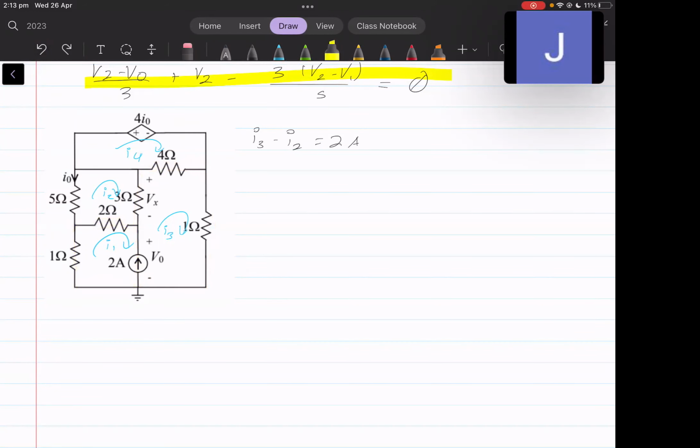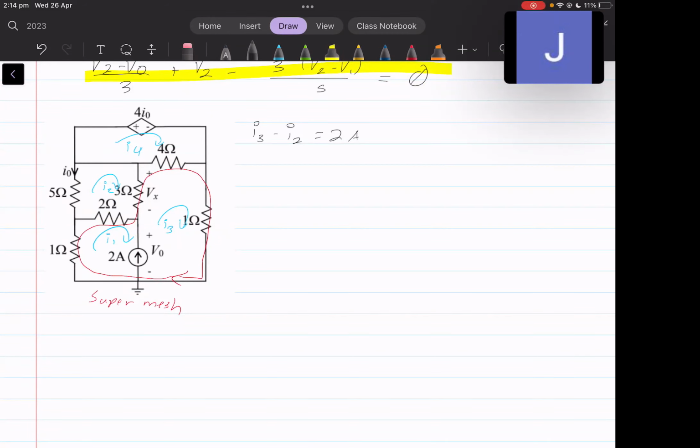We can just look at them combined and go around the outside and make that our super mesh. Does that make sense? Good.